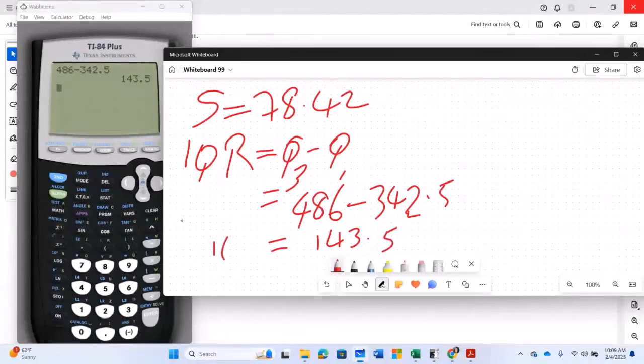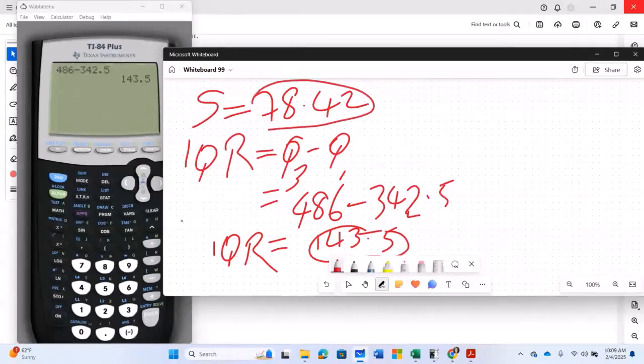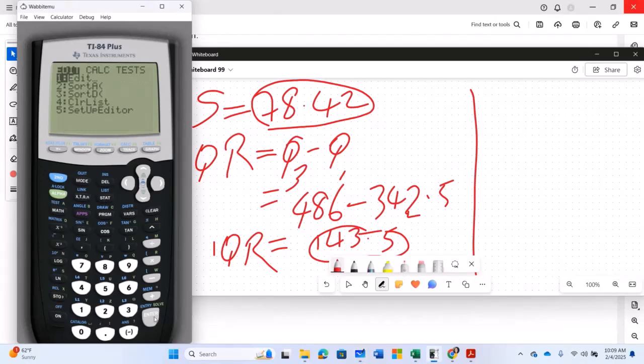And the IQR of the original data is 143.5. But now the student actually did not use his data. He used somebody's data.